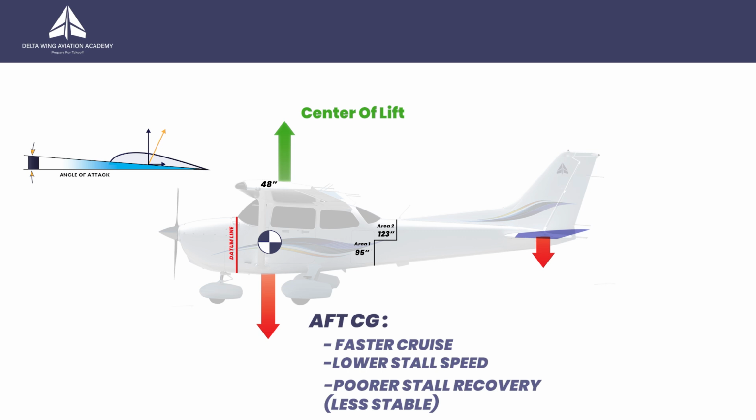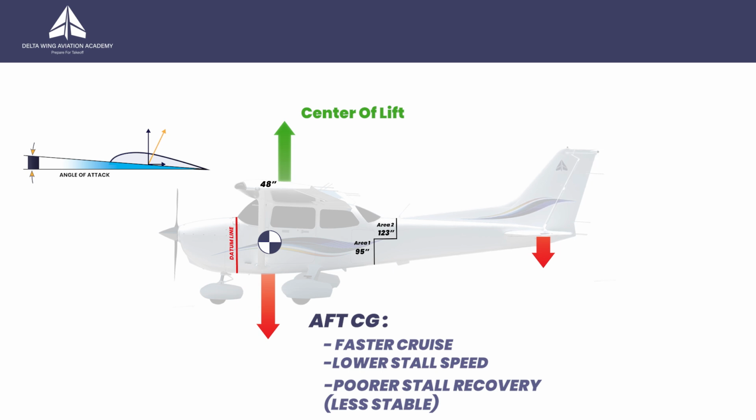It's also a little bit less stable, again, because the center of gravity and the lift are so close. That means it doesn't take a lot of force to move the nose up or down, right? That nose down tendency only requires a very small force on the tail to overcome that.